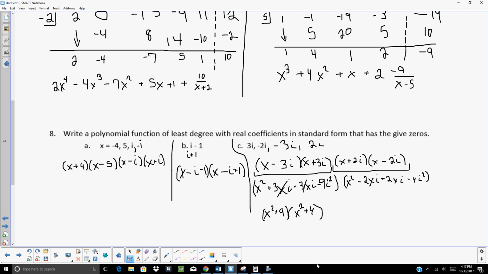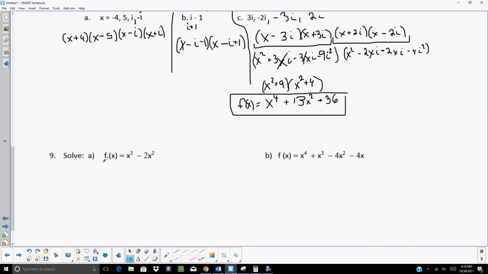And when you FOIL that together one more time, you're going to get x to the 4th plus 13x squared plus 36. And we want to write a polynomial function, so I need to put that in function notation of f of x equals. And it is already in standard form, so let's box that up. So that's how you would do those.